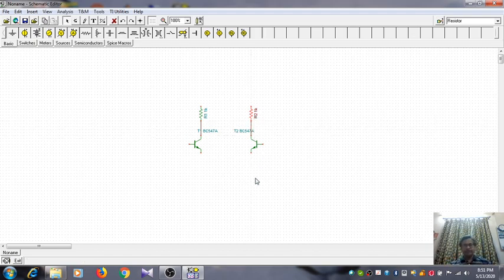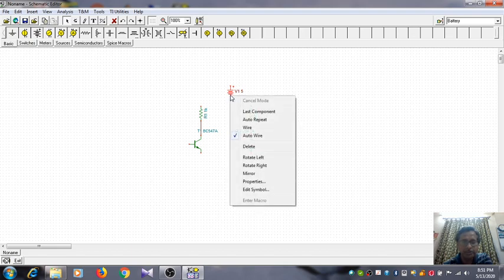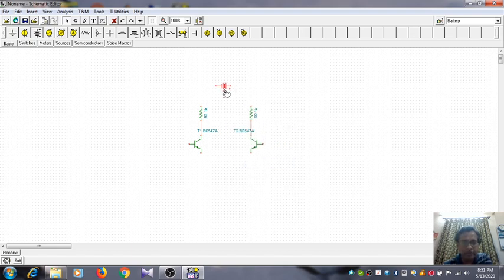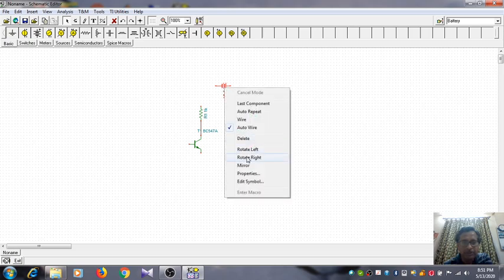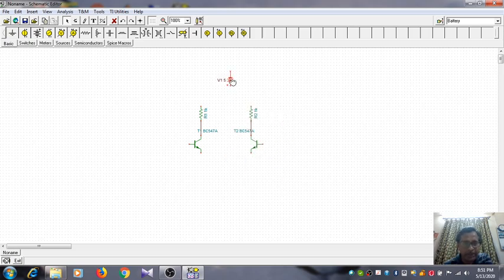Next we have to put in the power supply. The provision for batteries is there. Here is the battery, so we bring this, and as we know, the other ends of the two resistors R1 and R2 should be connected to the positive terminal of the battery. So let us rotate it by 180 degrees. In one go we may not be able to do it, but by two successive rotations to the right we can put it like this.